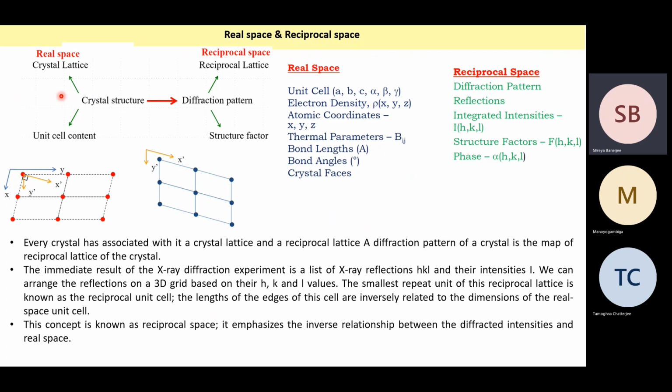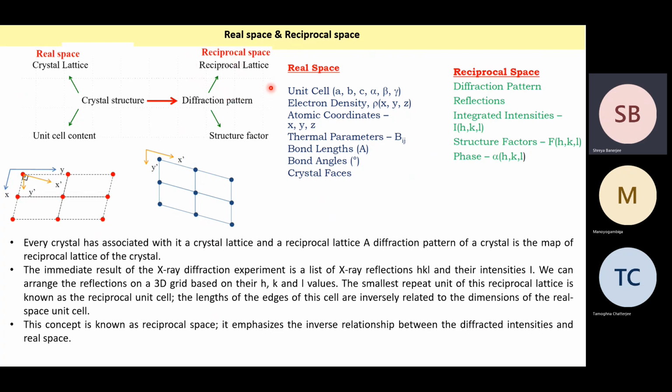So you have the original crystal structure, and the crystal structure has a crystal lattice and a unit cell. Now, if you get a diffraction pattern from the crystal structure, the diffraction pattern is a map of the reciprocal lattice of the crystal. So what you are reconstructing from the diffraction pattern is called a reciprocal lattice or reciprocal space.